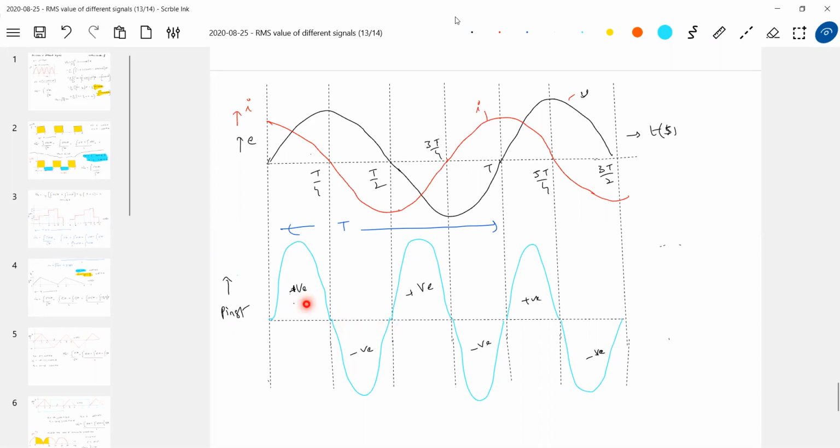Don't say consume, better say draws. How much power the capacitor draws during this interval, that much it will return back here. Again, it will draw power from the source, again it will return back. So what is the net power dissipated? Zero, no? So the capacitor will not dissipate power.